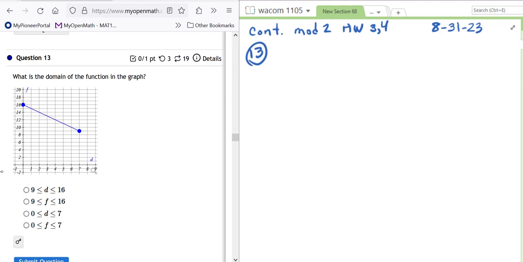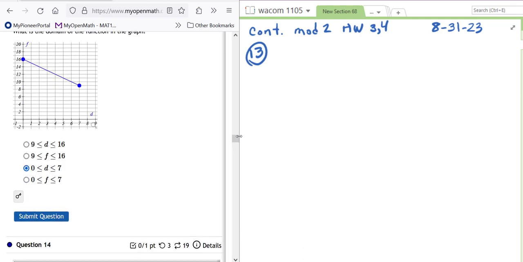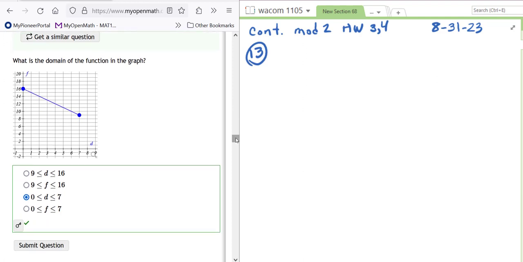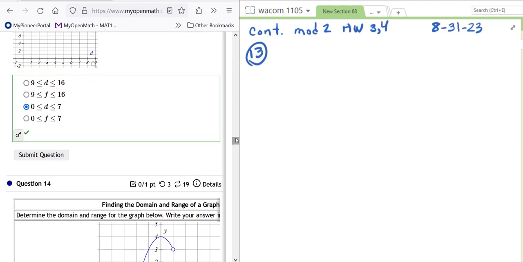So D is what you want because we're looking at domain. So in your choices, you are going to need to pick this one. Even though they both have the 0 and the 7, the other one has the F in here. And we'll just submit that to make sure that we did what they wanted. Okay. So I thought that one was a little tricky.